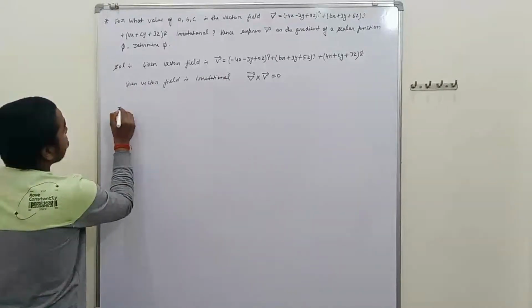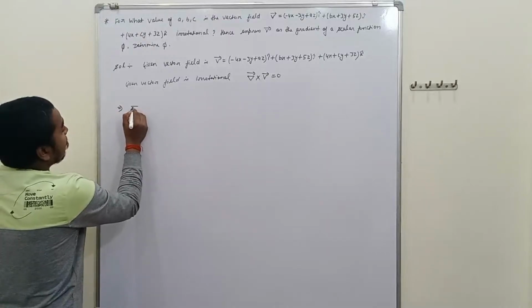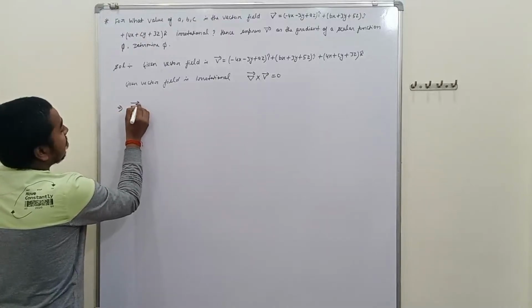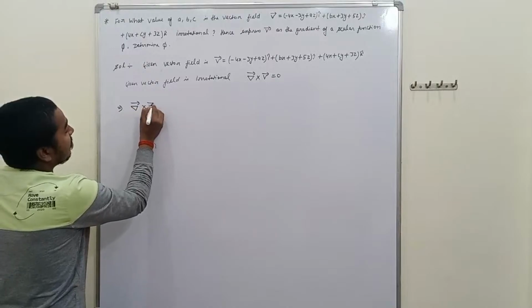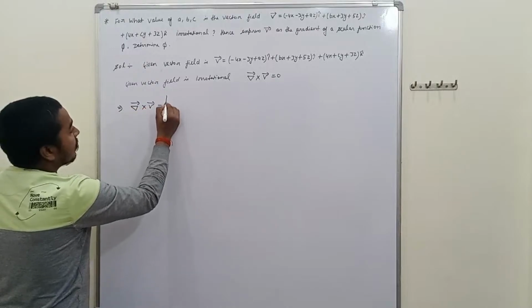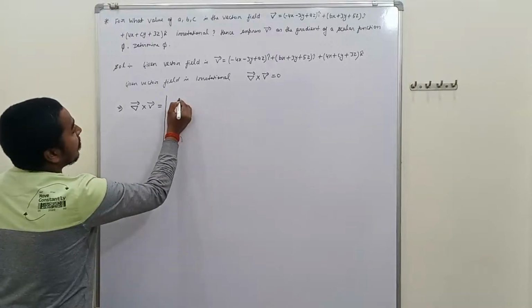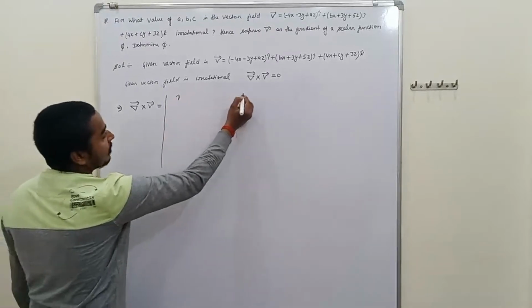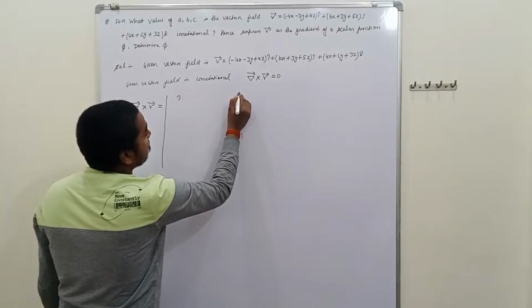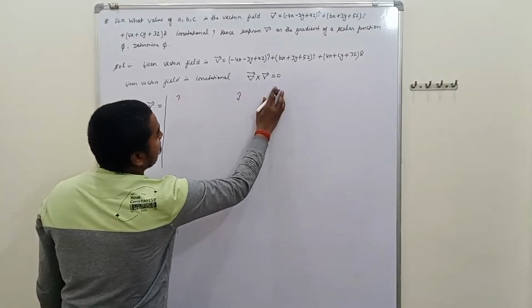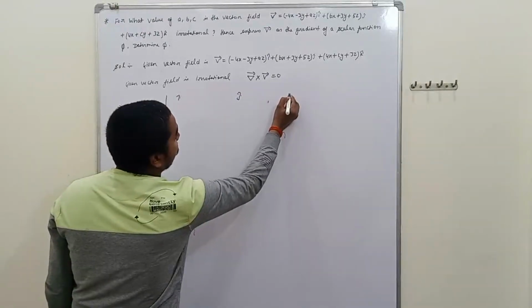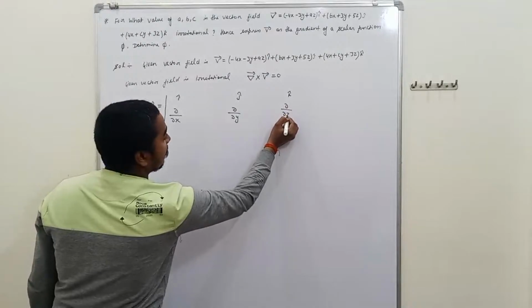So del cross V vector is the determinant with i cap, j cap and k cap in the first row, and in the second row del upon del x, del upon del y and del upon del z.